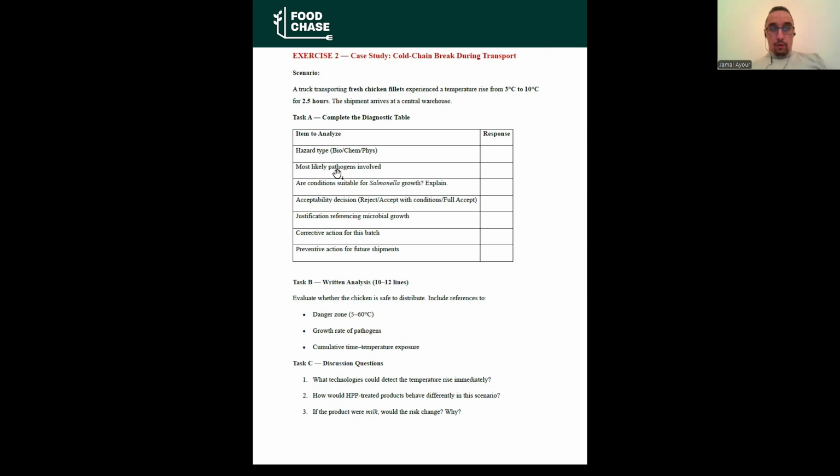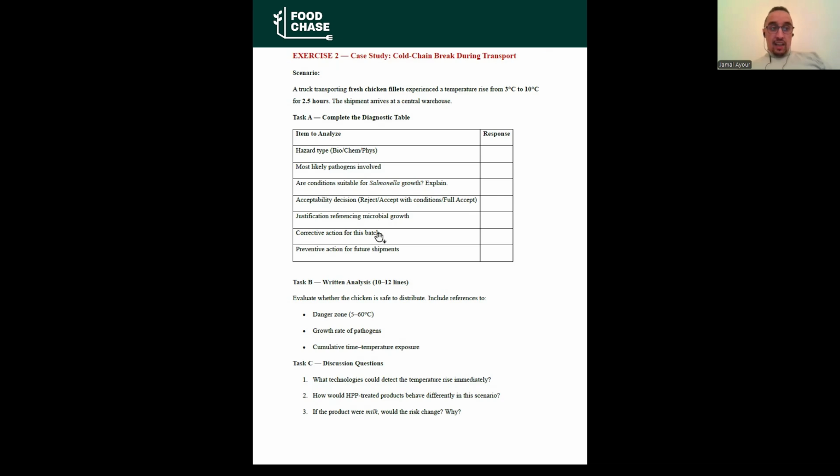For example, biological: identify likely pathogens, Salmonella or other. Under Salmonella, growth condition suitable. You have to give a response about acceptability, slow but significant growth, for example.